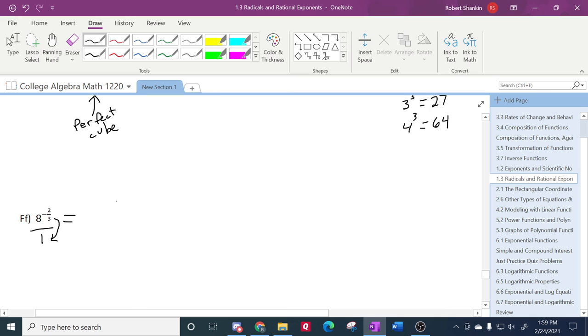Just bring it all down. And then do it like we had done it in the practice quiz. The bottom number comes out. Cube root of 8. Now the top number is the power on the 8.